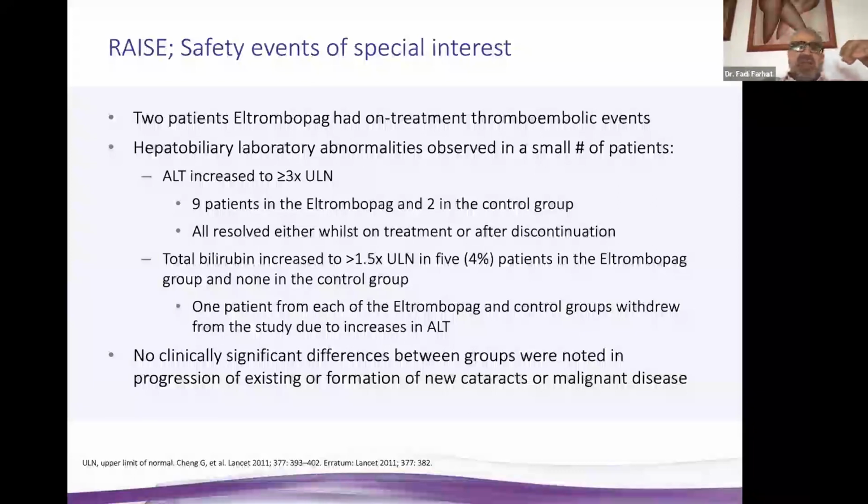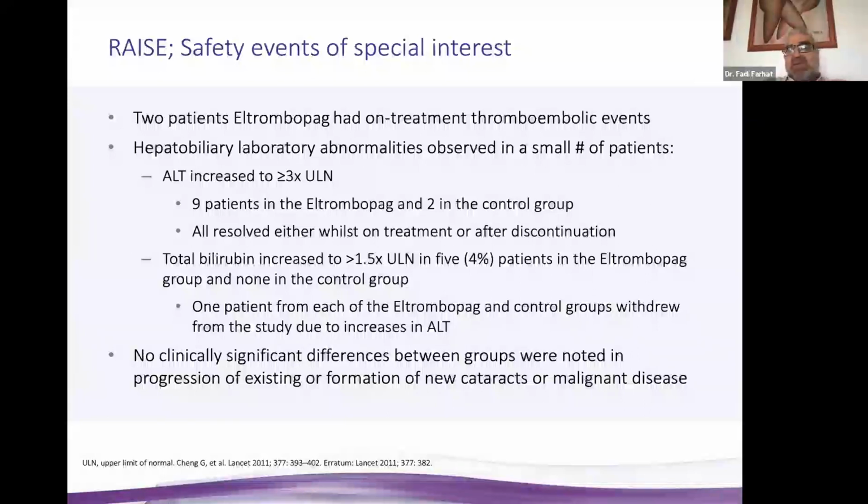So again, this treatment is nice, because when you stop it, the function is recovered. Total bilirubin increased more than normal in 4% of cases, but no clinically significant difference was observed globally between these two arms.